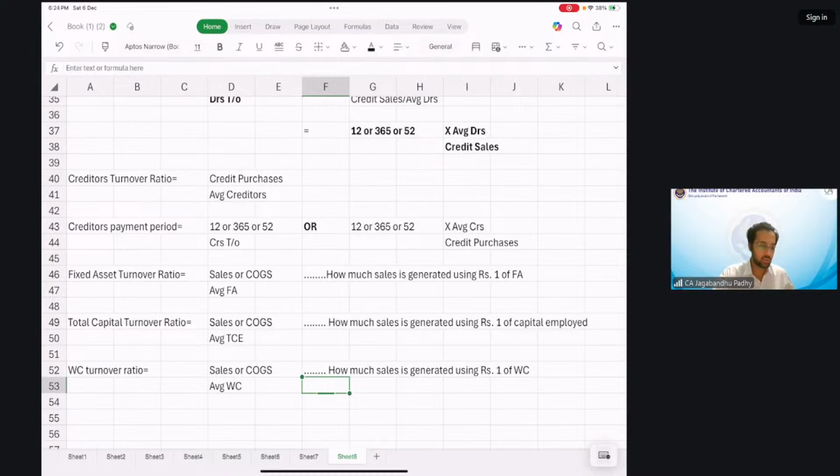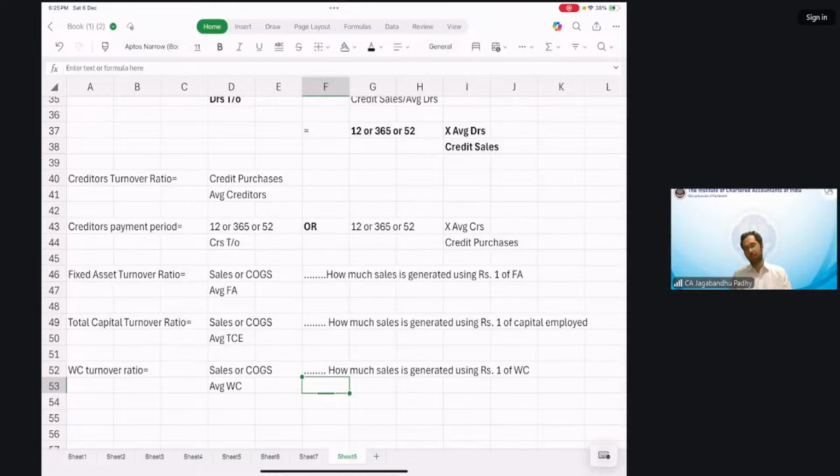Now the question is, which one should we ideally take? Should we take sales or COGS in the numerator? In 99.99% of cases, the question will specify whether to use sales or COGS. If there is no such clarity and you have both pieces of information, then you should obviously take sales.